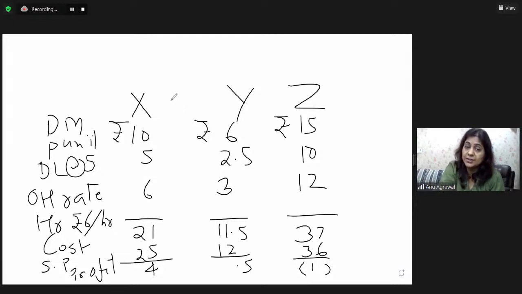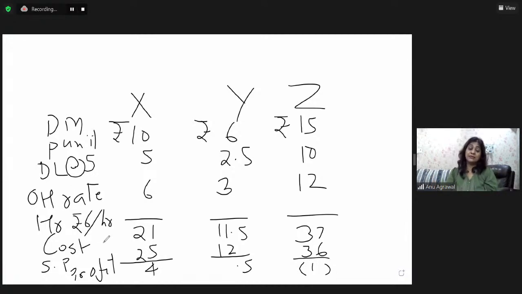But the question is, is our method of absorbing overheads reliable? Let me use the word. Correct is not a right word, because this method is actually a simple method.